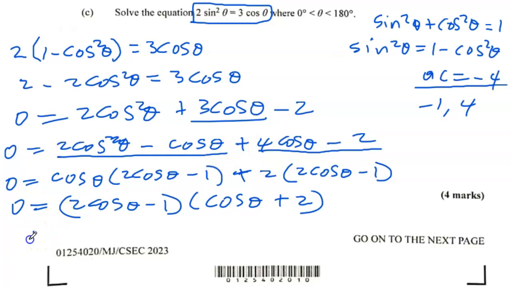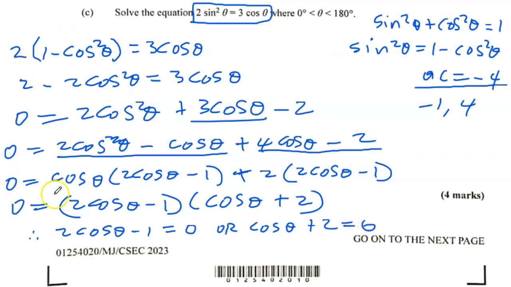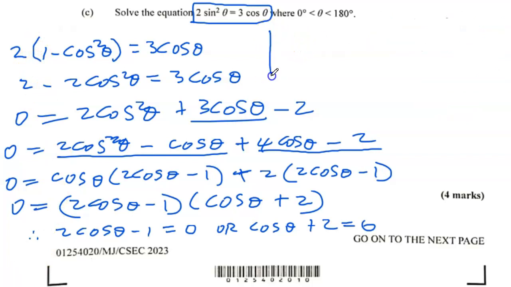So we can equate, so therefore 2 cos theta minus 1 is equal to 0, or cos theta plus 2 is equal to 0. Let me just continue up here. So if 2 cos theta minus 1 equals 0, I can just bring over the 1, which would mean that 2 cos theta is equal to 1.